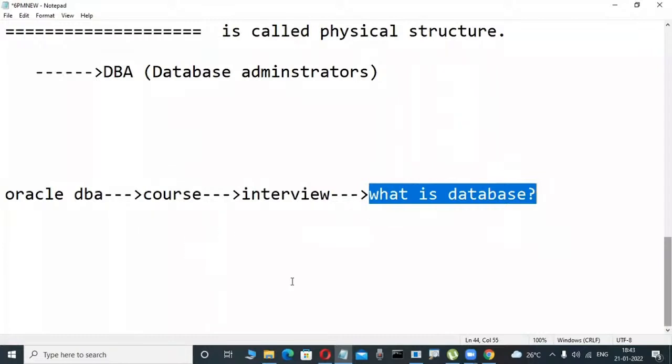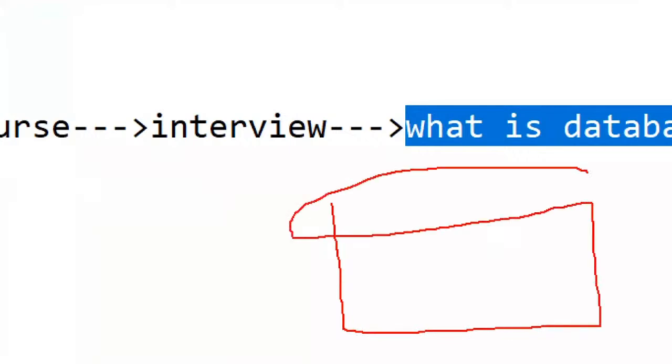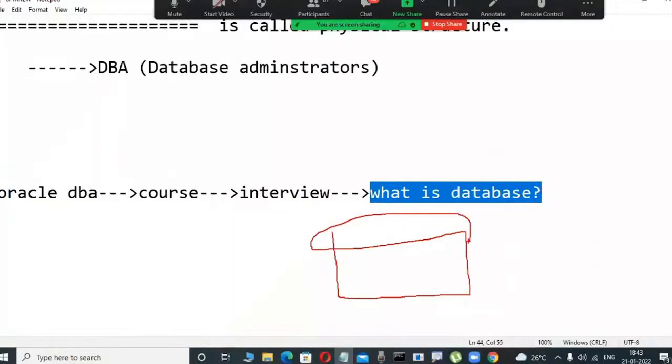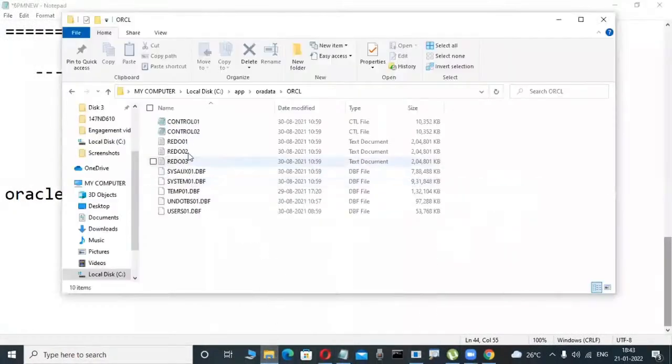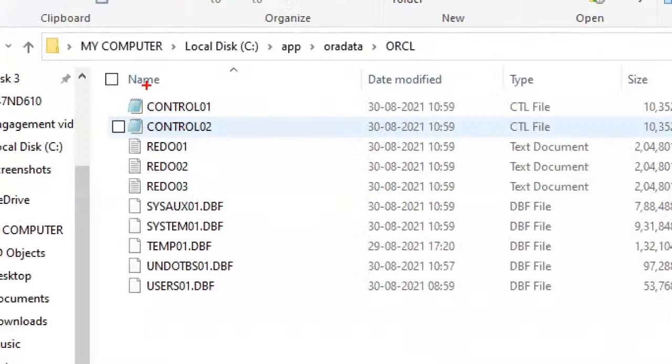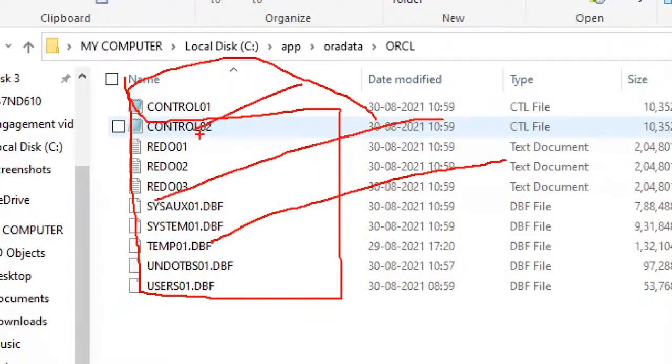I am saying the physical side. Whenever I install Oracle software, some physical files are automatically created on the disk that are visible: data files, control files, redo log files. That's why, as a database administrator, I say a database is a collection of data files, control files, and redo log files, and that is original. There is a physical phase in the SQL drive, D drive.